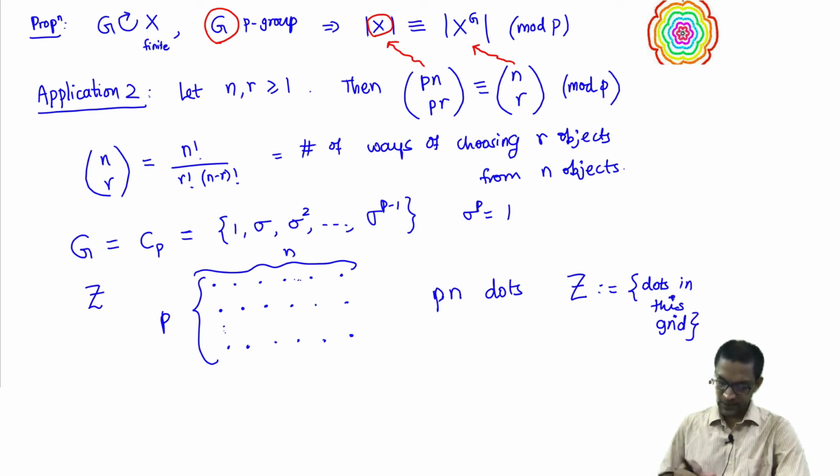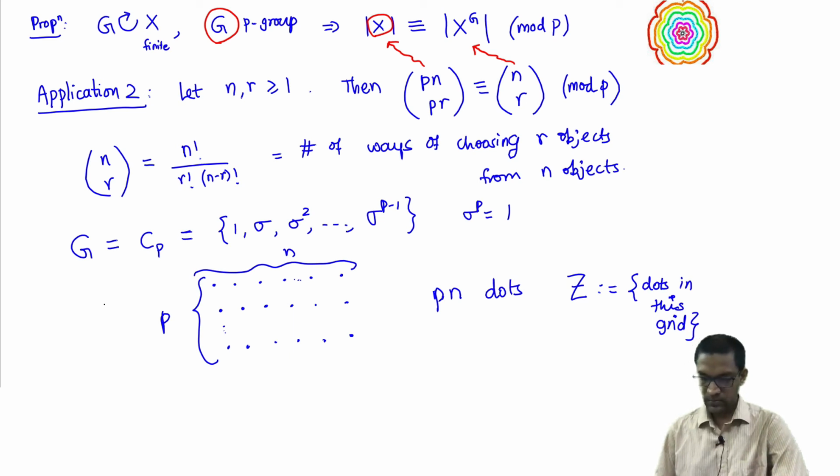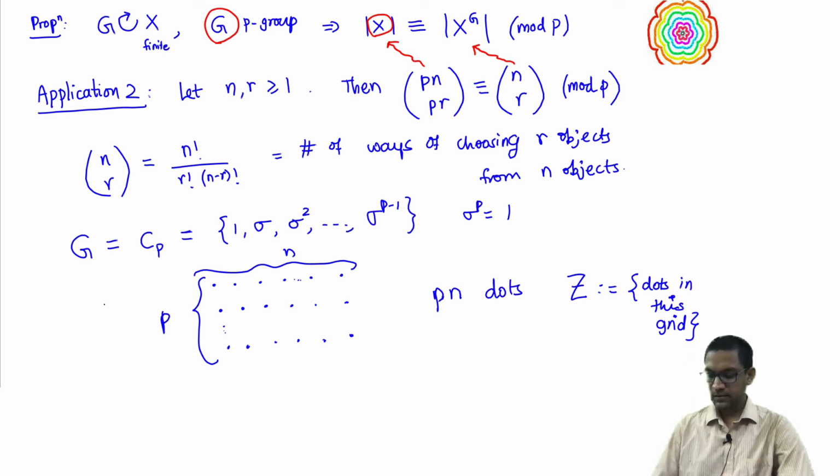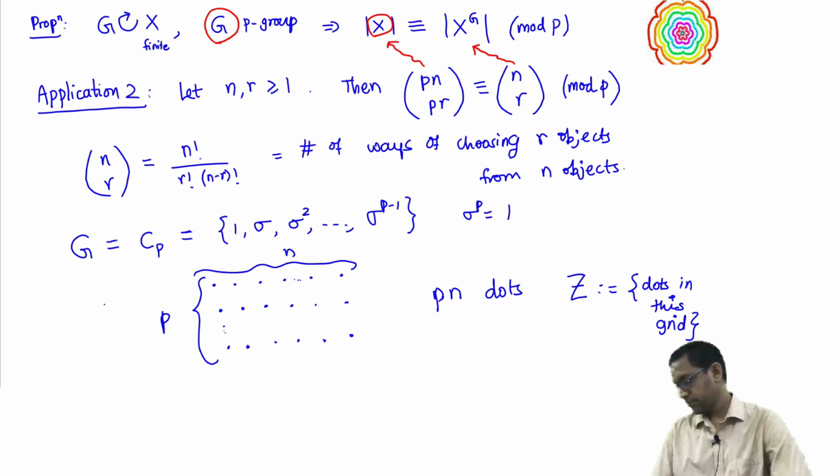Okay, so we'll try and give some sort of geometrical construction, and then of course, having done that, the set X itself can be chosen to be all subsets of the set Z of cardinality Pr. Okay, so that's the next step.